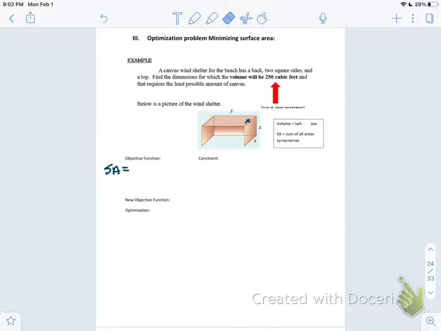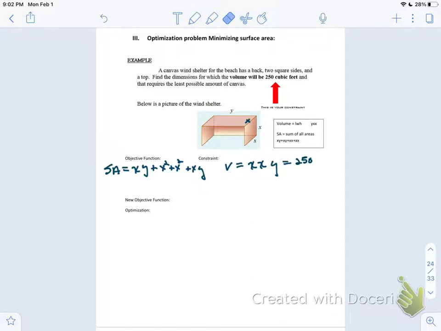Okay, the top surface is going to be x times y. The side panels will be x squared. And then what will be the back panel? That's going to be another x times y. And your constraint has to be the volume. So the volume equals length times width times height, and that has to equal 250.